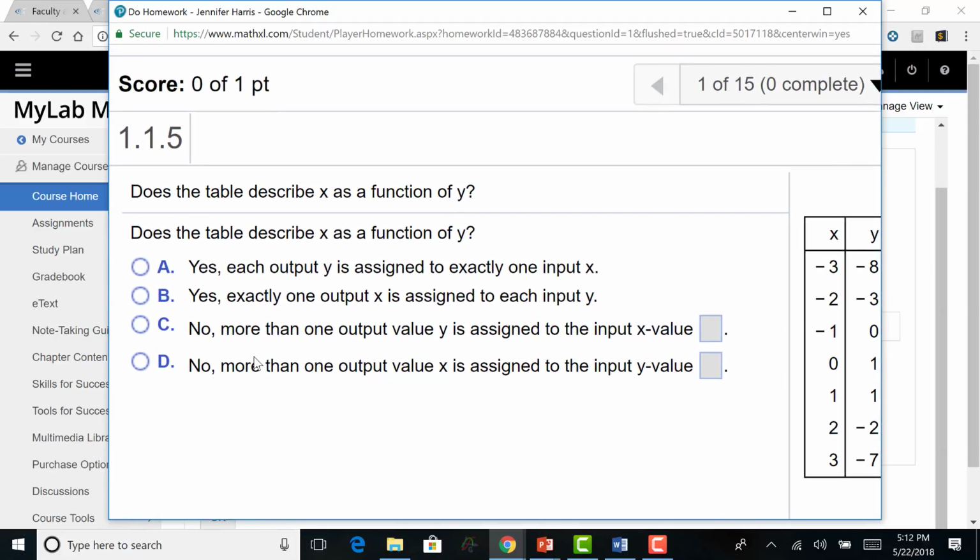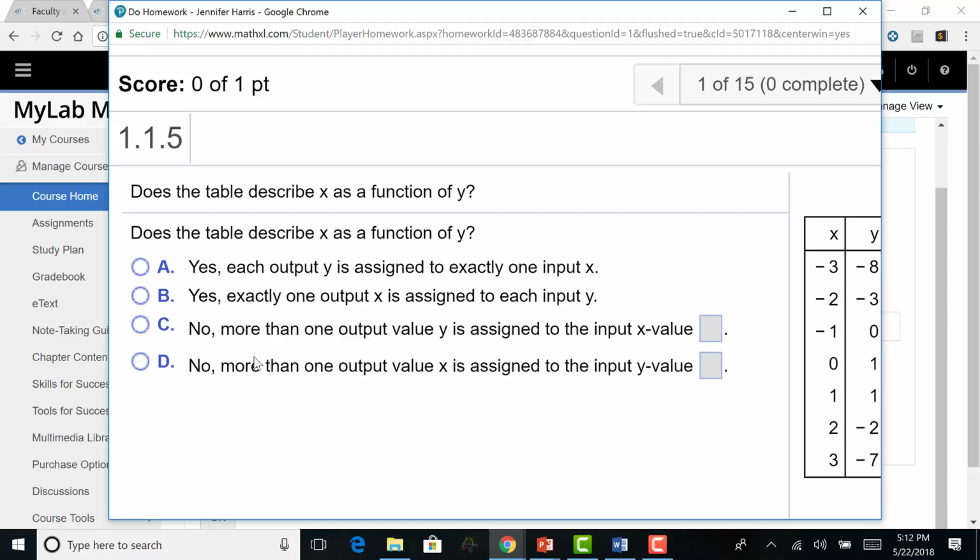So they're asking you, does the table describe X as a function of Y? What's different about that statement than what we've been doing on the board? Something's not wrong, but something's not the way we did it. What's different with the question? They switched the Y and the X around.